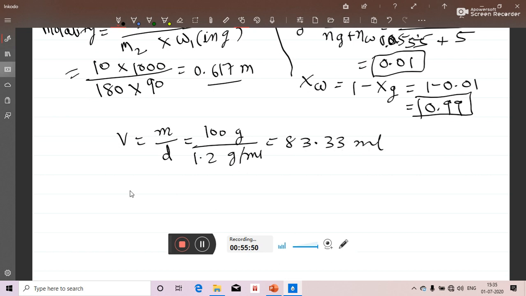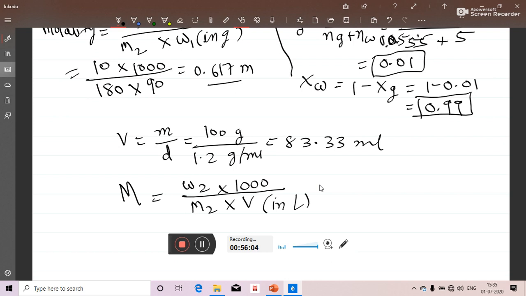Now we have to find out molarity. So molarity is equal to mass of solute upon molar mass of solute into 1000 upon volume of solution in ml. So mass of solute W2, that is the mass of glucose. So what is the mass of glucose?